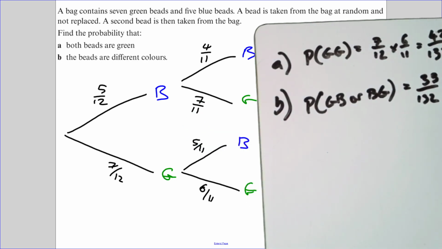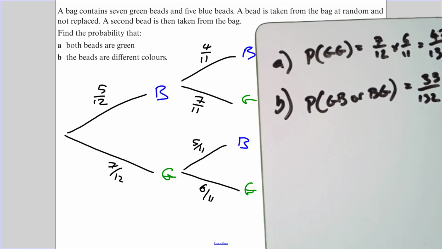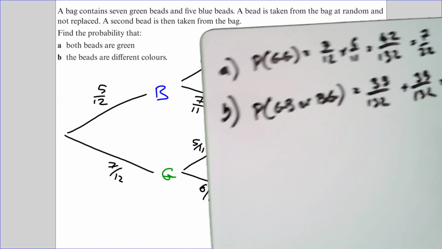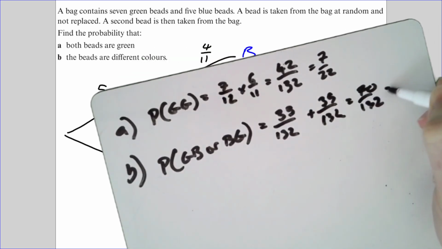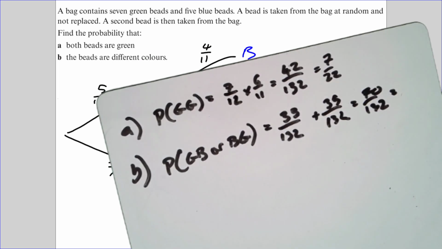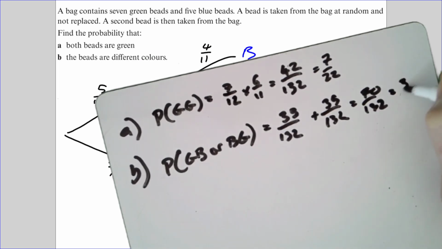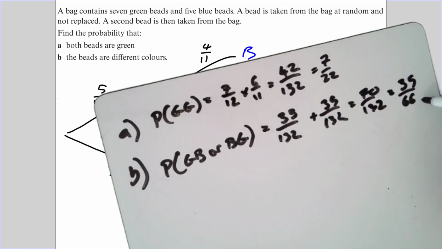You might have also noticed, because of symmetry in this 5 and this 7, that this one is also 35 out of 132. So we get 70 out of 132, which cancels down to 35 out of 66.